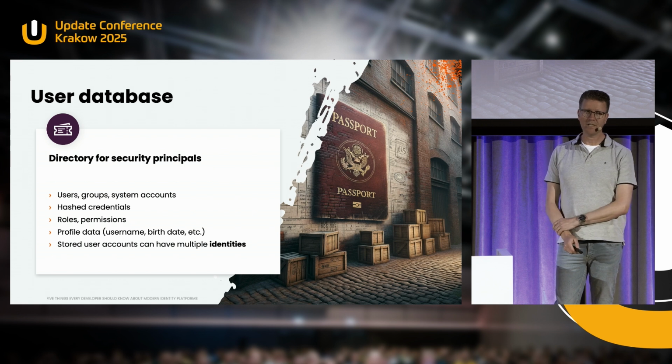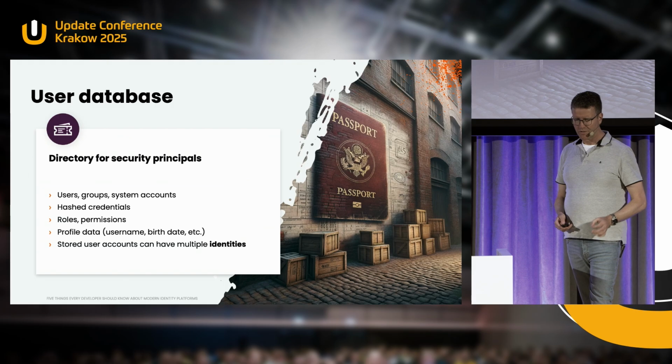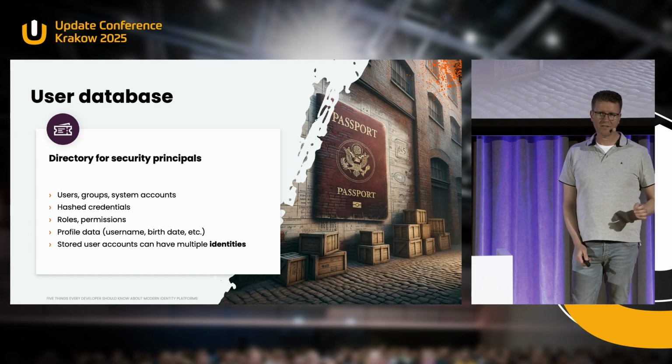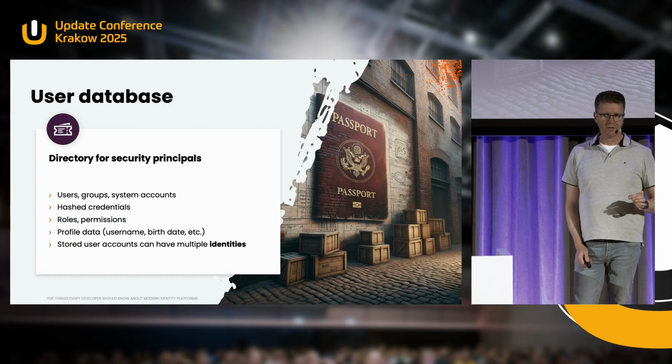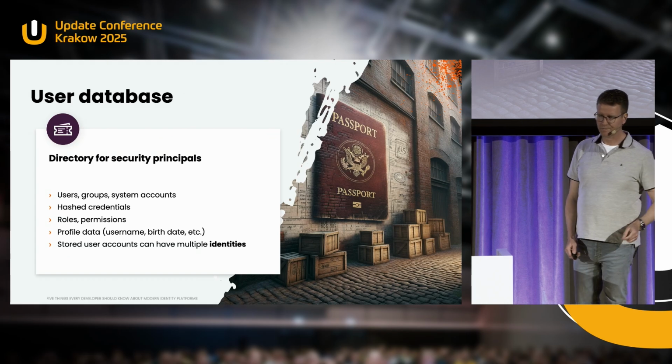Generally, you don't see too much profile data in an IDP anymore. What's also important is that a user account can have multiple identities attached to it. We'll talk about this later in the talk, but you can have different identities linked to a single user account. Keep that in mind.